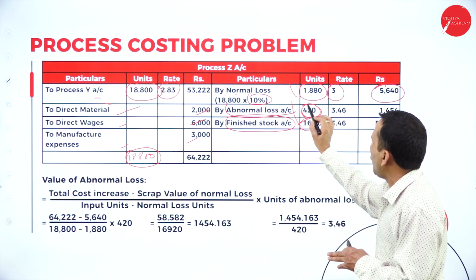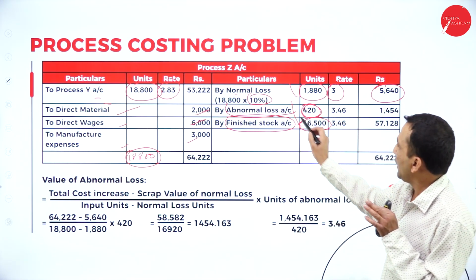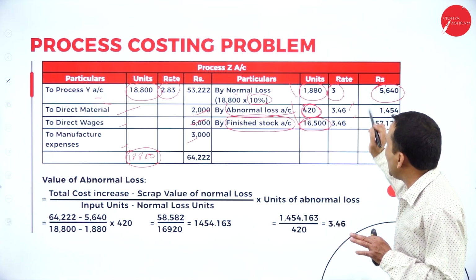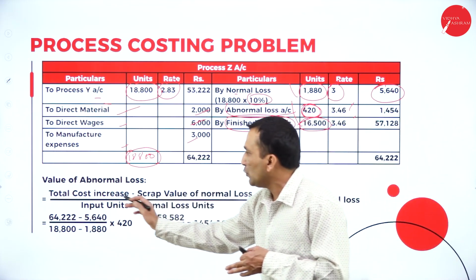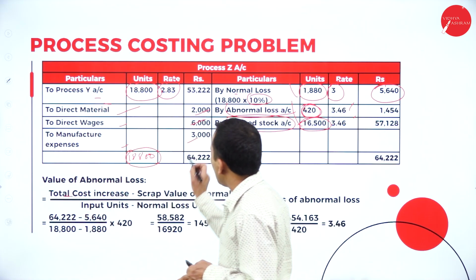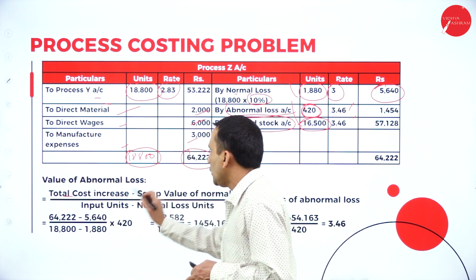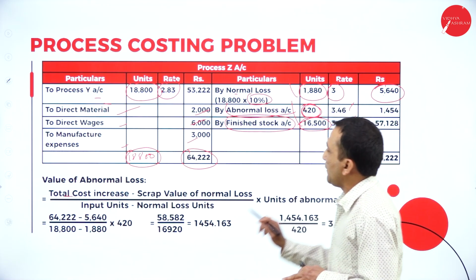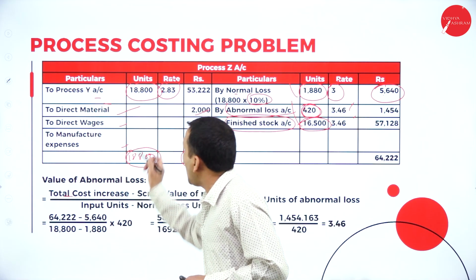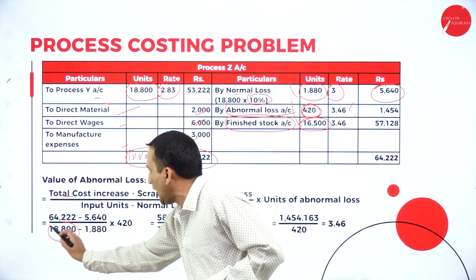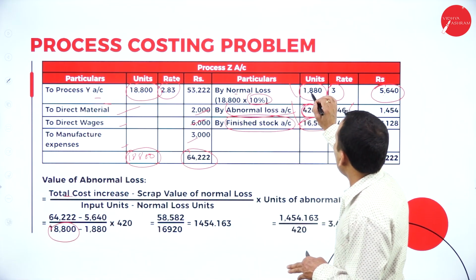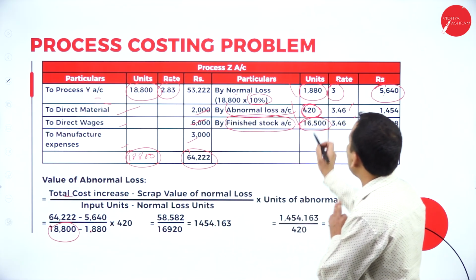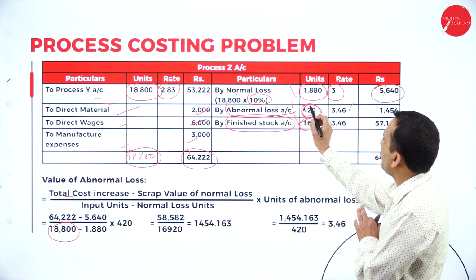Once you identify the balancing figure, we call it the abnormal loss unit. Again, we need to find this rate using the same formula. The total cost is 64,222. From this we recovered 5,640, divided by input introduced 18,800, minus normal loss unit 1,880. We get the difference for the abnormal loss of 420.